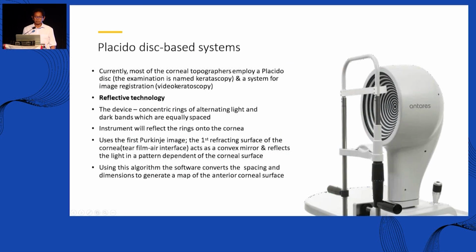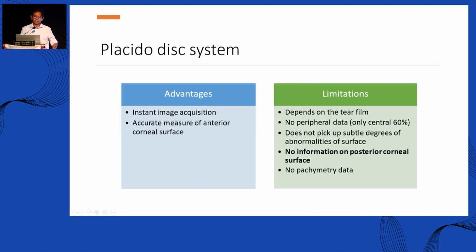Placido based systems are good, with the advantages that they can get the images pretty fast and give an accurate measure of the anterior corneal surface, but you cannot look at the posterior corneal surface and no peripheral data is available.